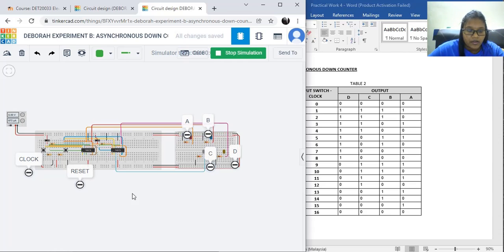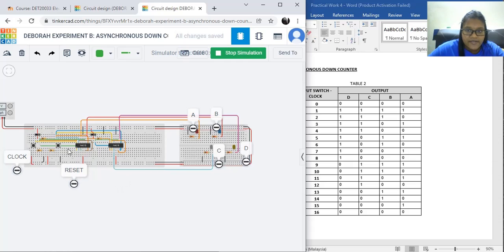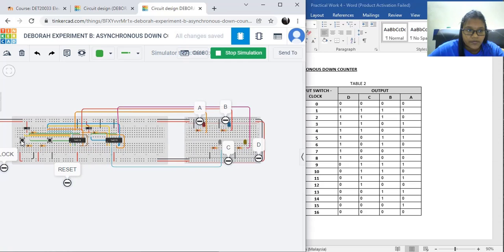Okay, I start with 1. I press 1. Okay, now all LEDs will be lit up.